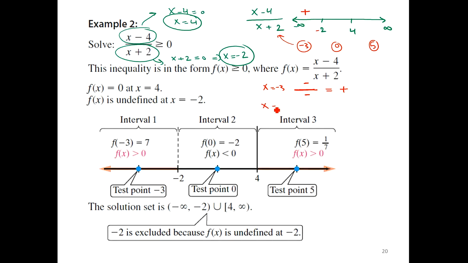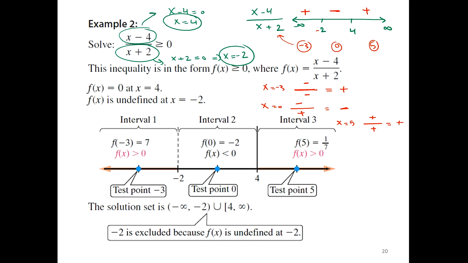At x equals 0, we have negative over positive, so we have negative. Substitute 5: at x equals 5, 5 minus 4 is positive and 5 plus 2 is positive, so we have positive here.